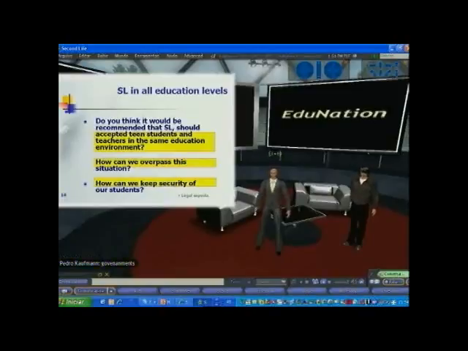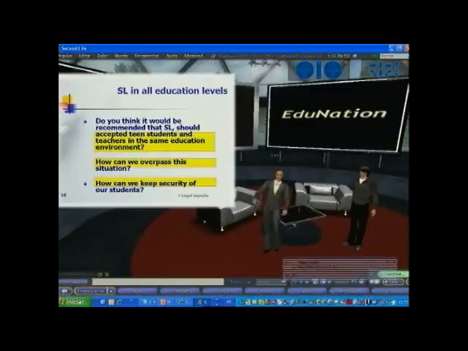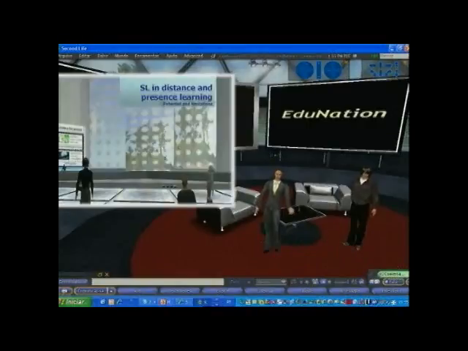Or can we keep the security of our students as well against so many perversions on the web? This is a very important compromising thing that we must think about, how we should overpass this situation. Don't you believe so? Any comment?